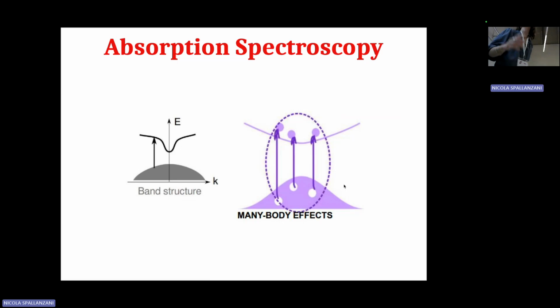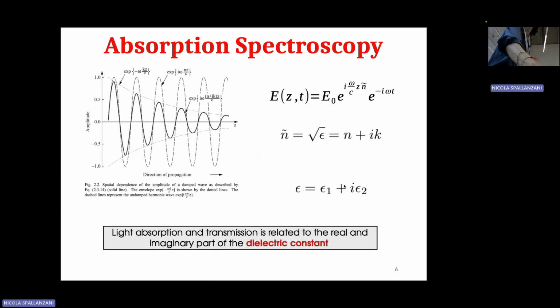The question that we have to ask now is the following: why can we obtain this kind of information by an experiment like the one that I showed you, the absorption spectroscopy?